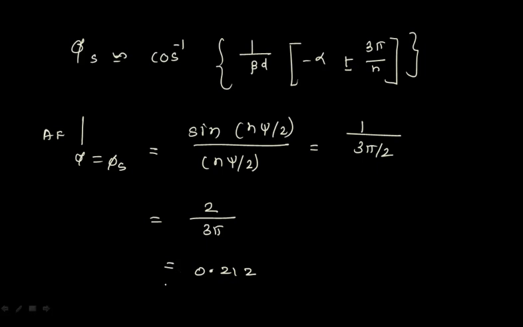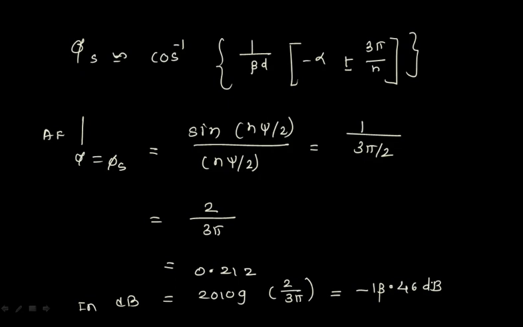So if the array factor is this one, you can calculate it in dBs. dB is 20 log of 2 by 3 pi, which is nothing but 0.212, and it comes minus 13.46 dB.